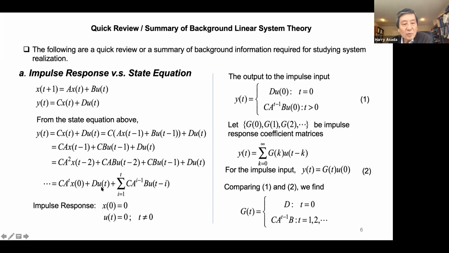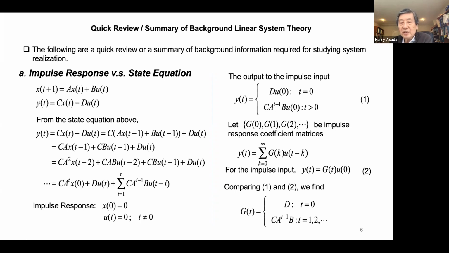So u_1 is already 0. Here u_0 survives: if we set t equal 1, only i equal 1 survives, so the C B survives here. And in the case of time t, if i becomes t, then it is non-zero and the others all die. So you pick this term, i equal t. So this is the response you receive.